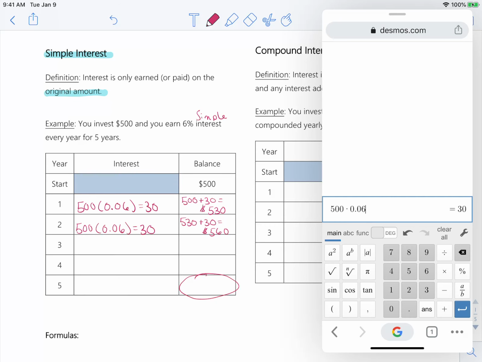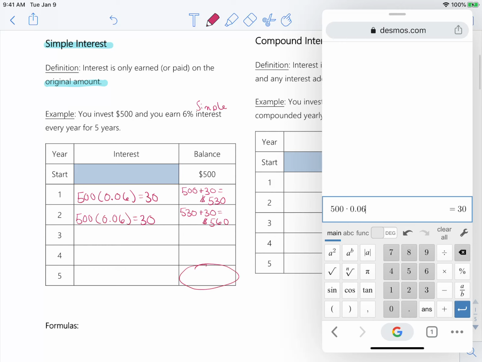Now hopefully you're okay with year 3, 4, and 5. It's going to be the same amount, right? Because I'm always going off the original amount that I invested. So this is going to be 30 as well, but this will be 590 because I'm adding the 30 to the 560.